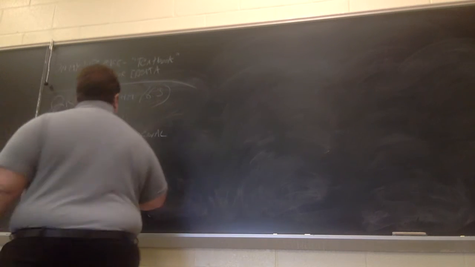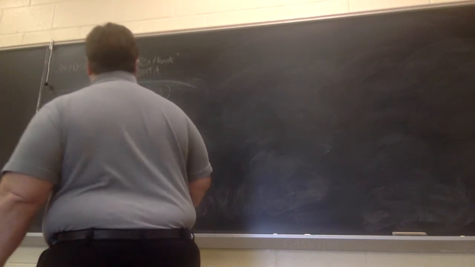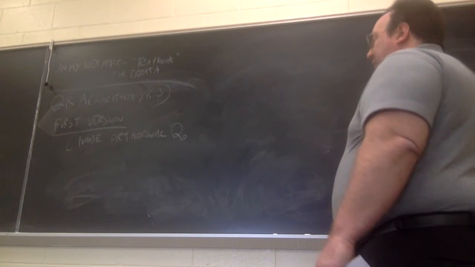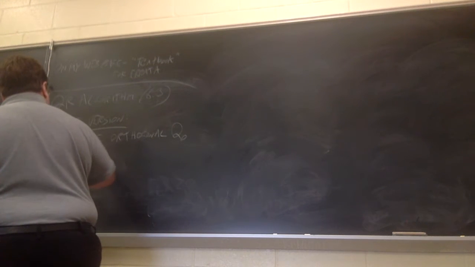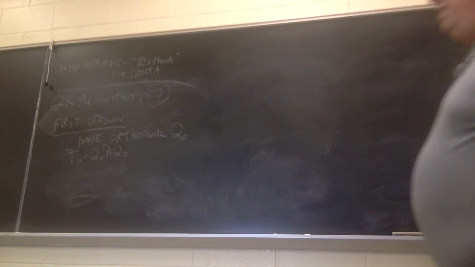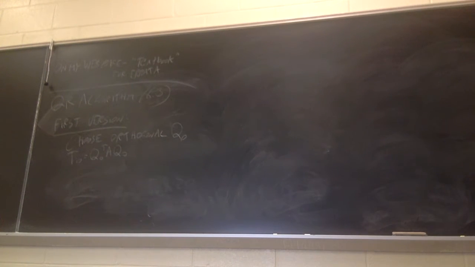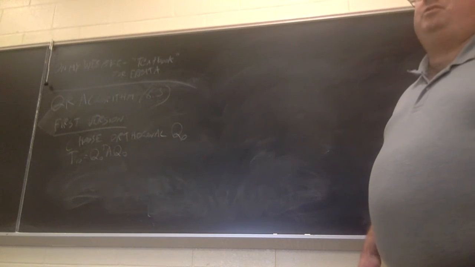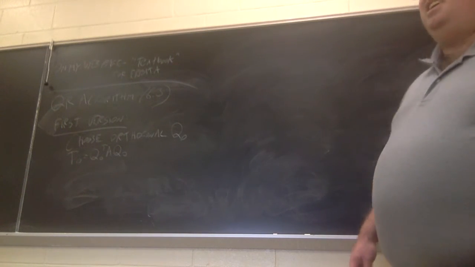You choose an orthogonal Q_0, any orthogonal, which would be a square matrix. And I set T_0 to be Q_0 transpose A Q_0. So that is a similarity transformation. Now, you could choose Q_0 to be any orthogonal matrix. For instance, you could choose it to be identity, in which case T_0 would just be A.